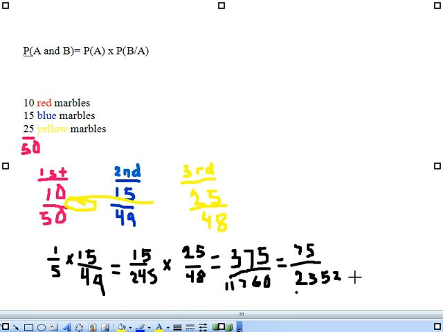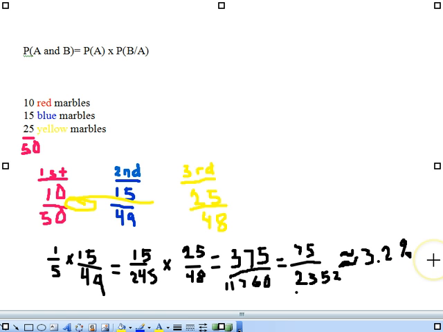And then when you divide 75 by 2,352, you get a decimal like 0.03188, and it just keeps going. So you can say that the probability is about 0.03188, and then it keeps going, you move the decimal over 2 spaces, and you get about 3.2, because you're rounding up there, 3.2%.